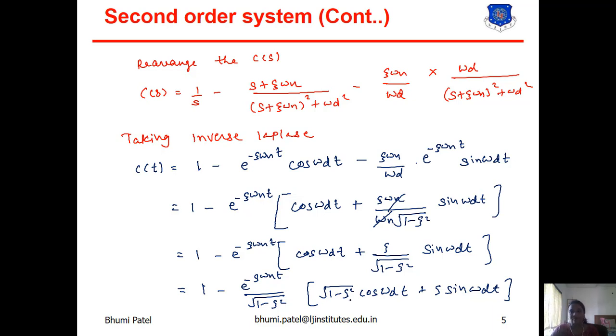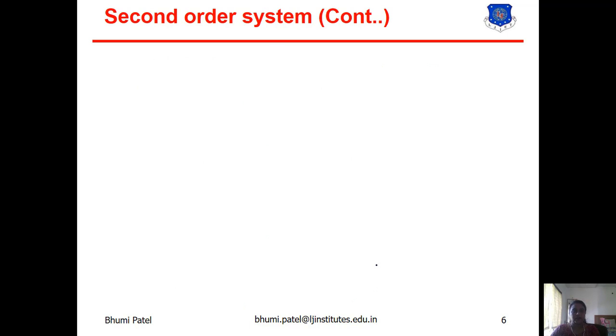Now we have to find the value of zeta and under root of 1 minus zeta square. So for that we can apply the trigonometric theorem. Suppose here angle is theta and this is the zeta and the second is under root of 1 minus zeta square, so here we can get 1.